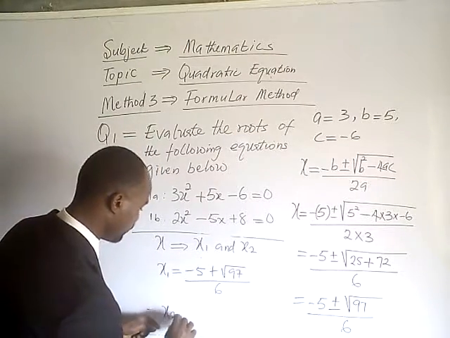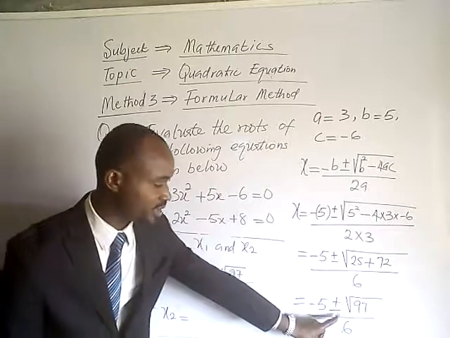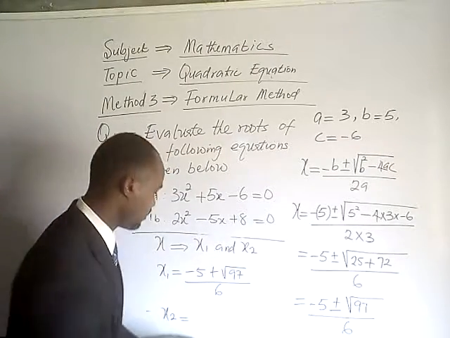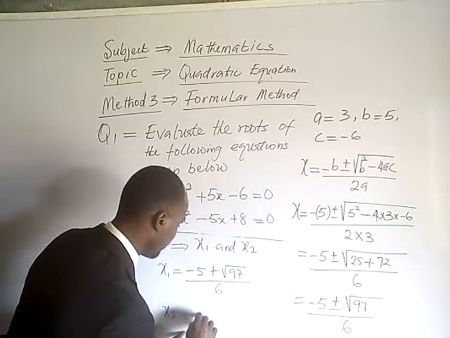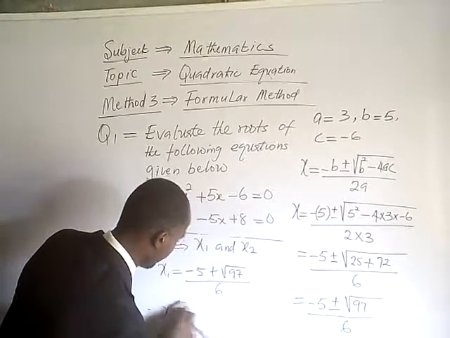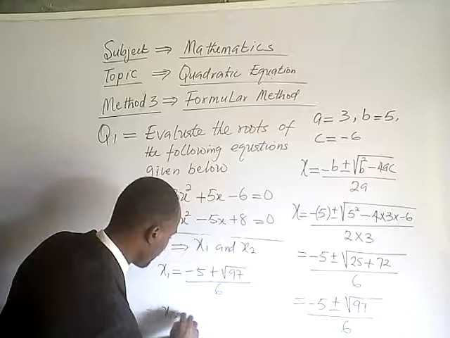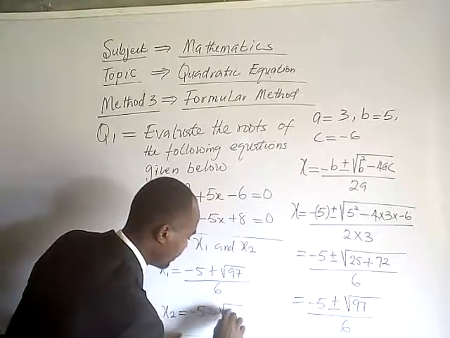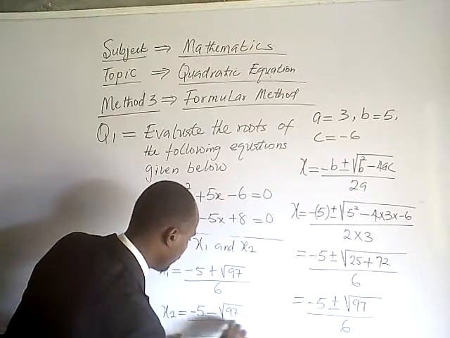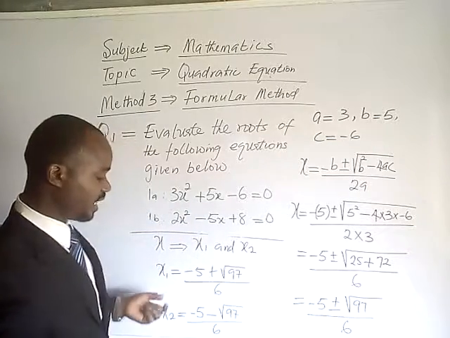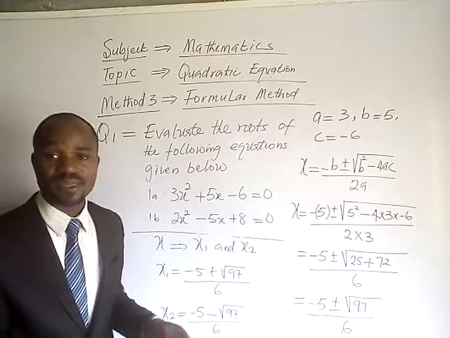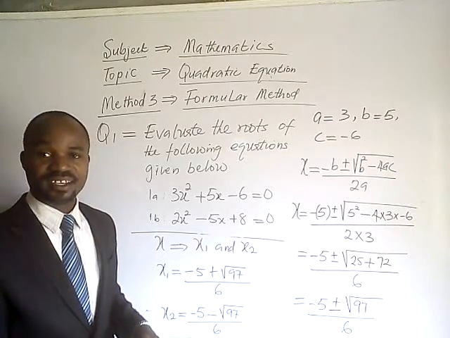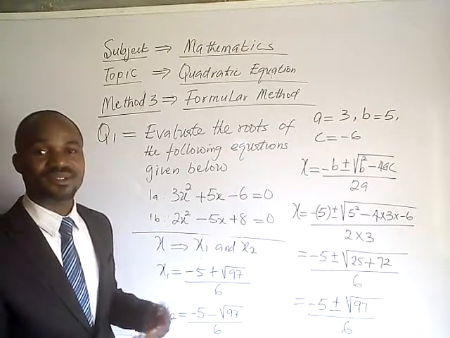For x2, this time around we use minus. Minus 5, excuse me. For x2 we have minus 5 minus root 97, all over 6. That's all. So what is remaining here is what anyone can do.